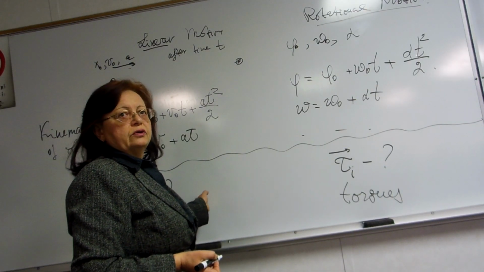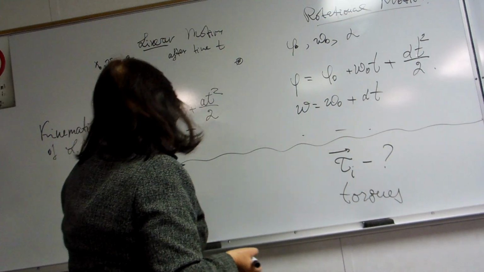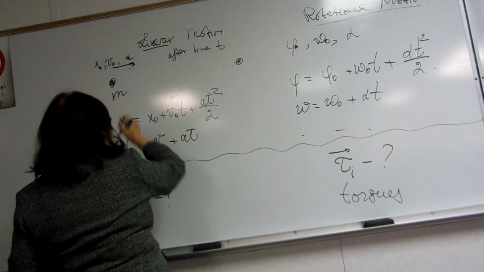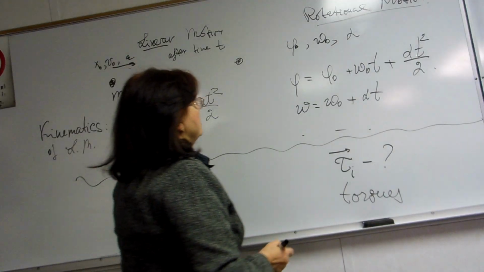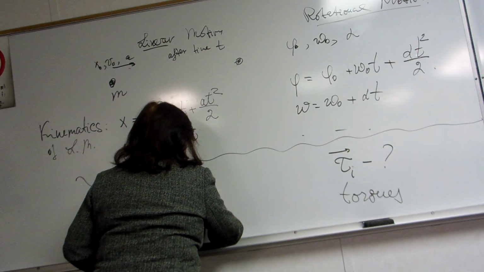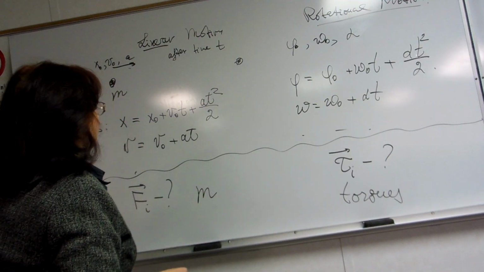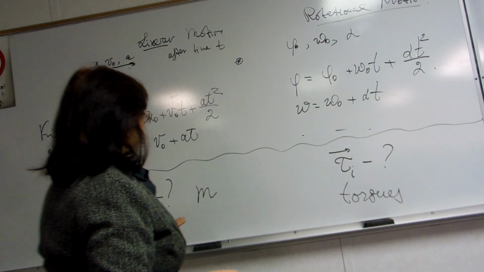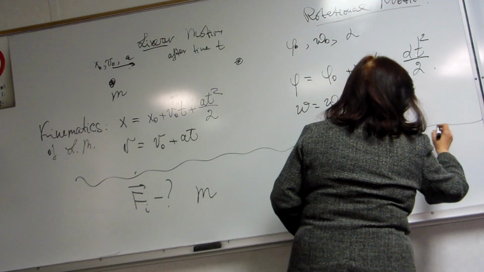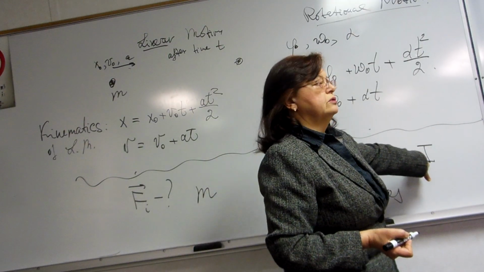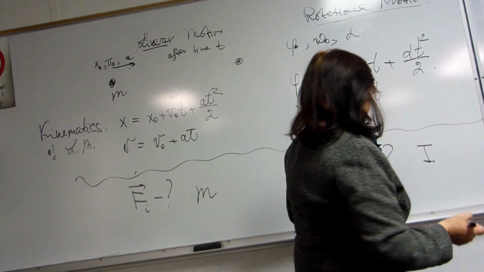We spoke in the previous class about the analog of mass. So the analog of mass, I can write here because it's more important for dynamics of motion, would be the moment of inertia. That quantity, or rotational inertia, sometimes it is called.